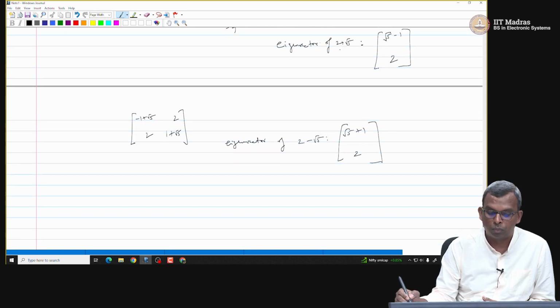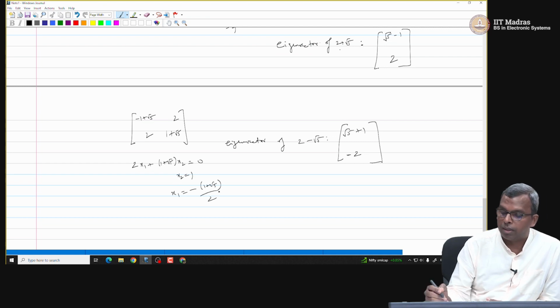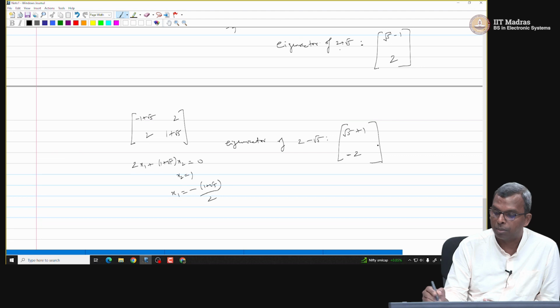Oh, I am sorry, minus 2 here, did I get that right? Let me do that correctly. 2x1 plus 1 plus root 5 x2 is equal to 0. So you put x2 as 1, and you get x1 as minus 1 plus root 5 by 2. So there is a minus here, so you can keep it as minus 2 here.